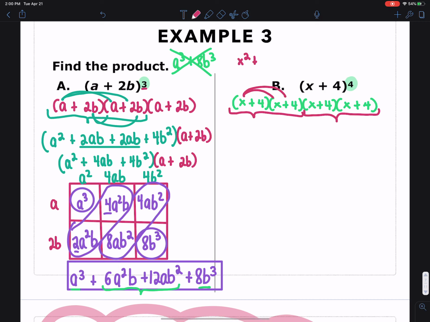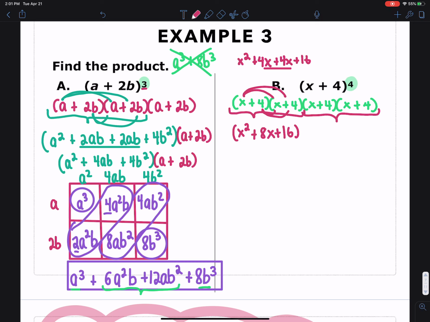X times 4 is going to give us 4x. 4 times x is another 4x. And then 4 times 4 is going to give us 16. So this product, if we combine our like terms, is going to be x squared plus 8x plus 16.